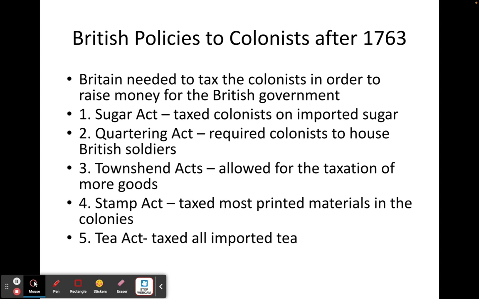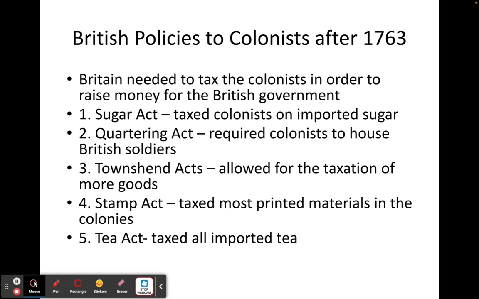So they needed somewhere to live. So they passed what's called the Quartering Act. This required colonists to house British soldiers. Then we have another major tax act passed called the Townshend Acts. This allowed for taxation of more goods. Then you have the passage of the Stamp Act. This taxed most printed materials in the colonies.